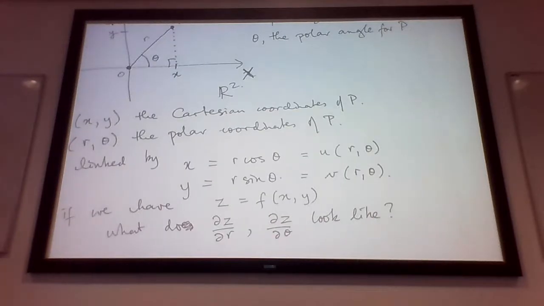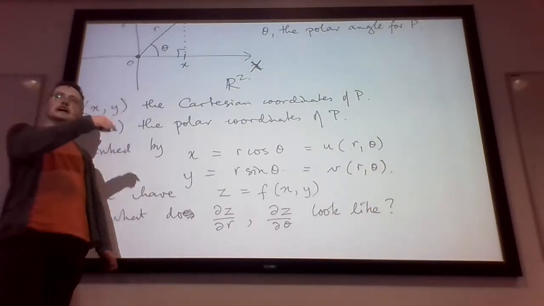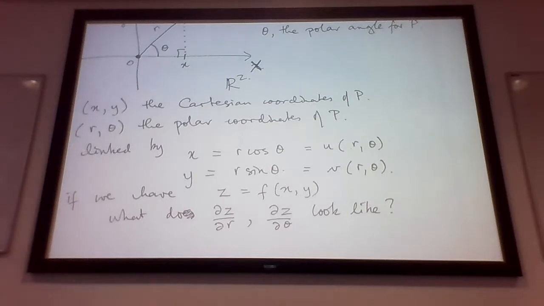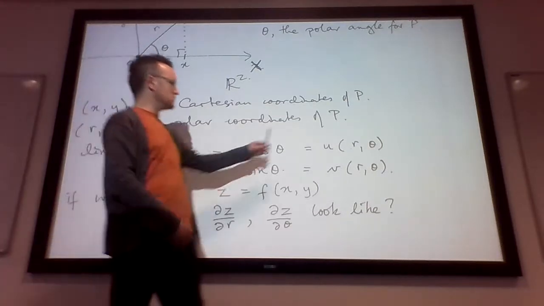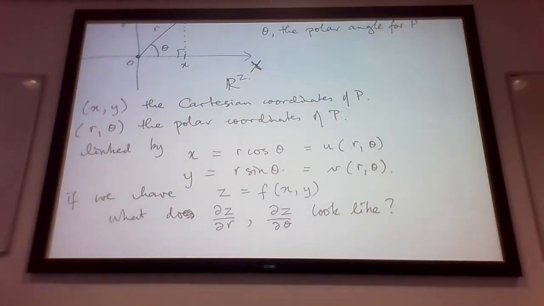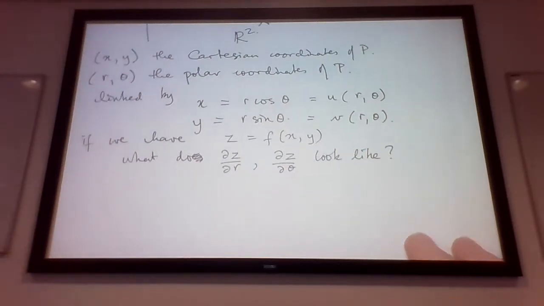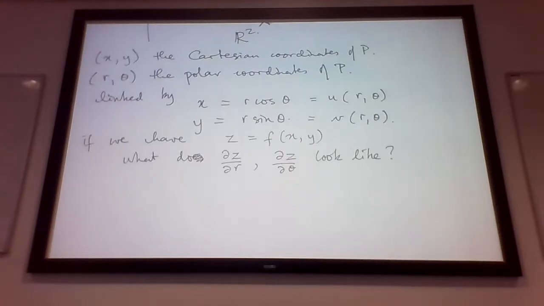Or how might they relate to the other partial derivatives of the function f, df/dx and df/dy, and the partial derivatives of the transformation equations, du/dr, du/d theta, dv/dr, and dv/d theta? In order to answer this question, just like in the single variable case, we need the chain rule for the multivariable situation.